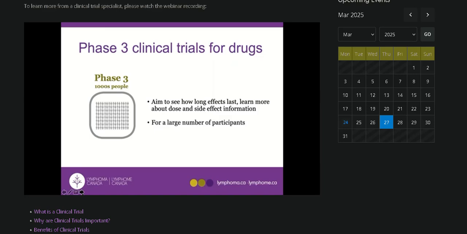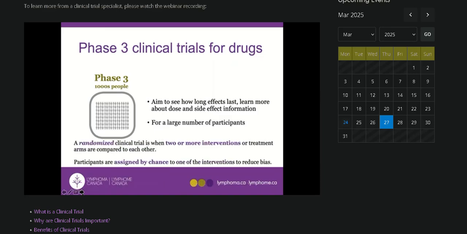So for a larger number of participants, sometimes you'll hear the term randomized control trial, or RCT, and those are phase 3 studies. That's when we look at 2 or more interventions or treatment arms compared to each other.